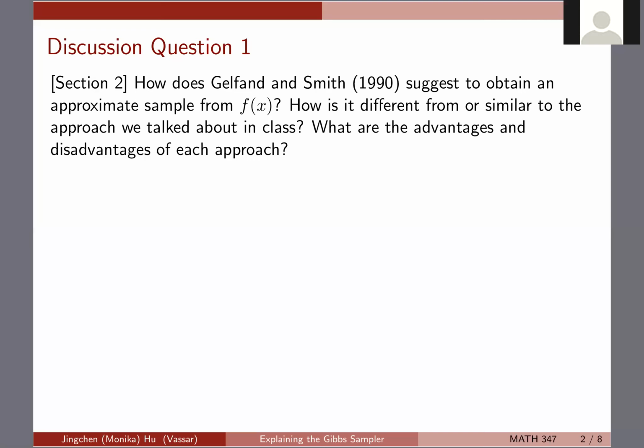Just using the general principles of probability to say, because we don't know, and just say MCMC.